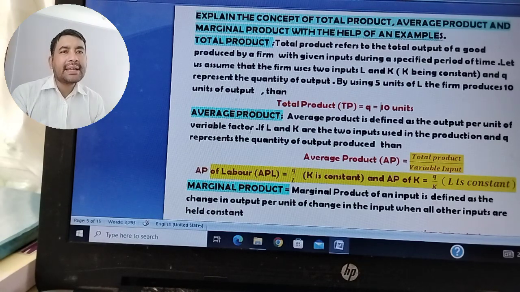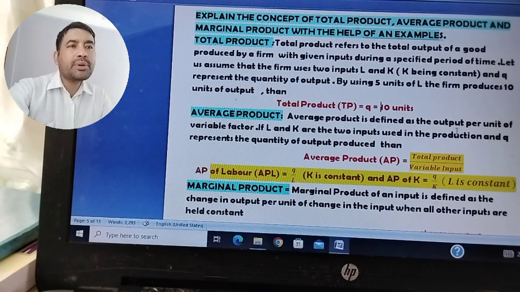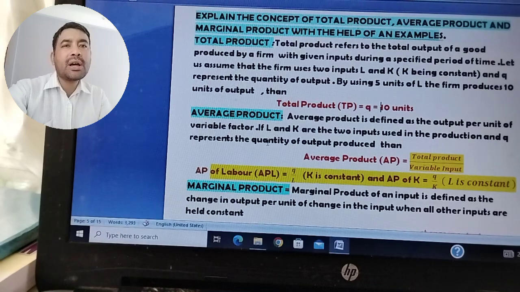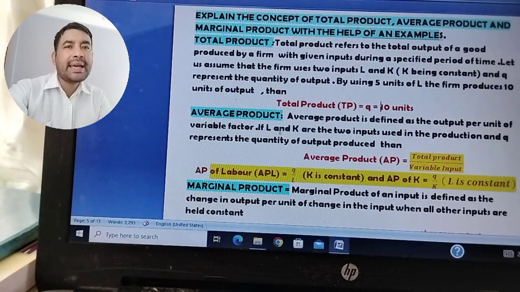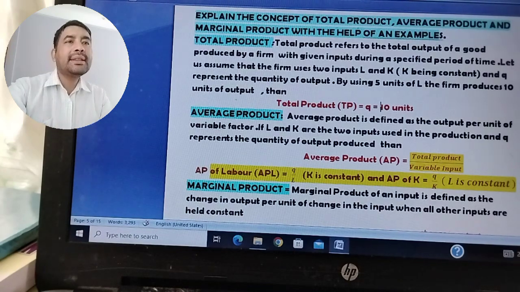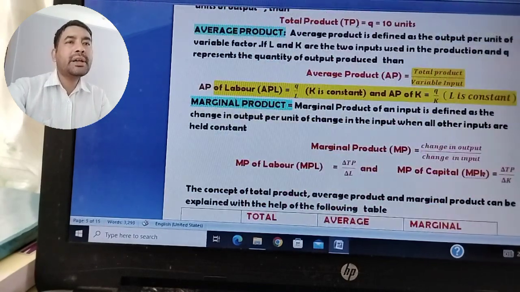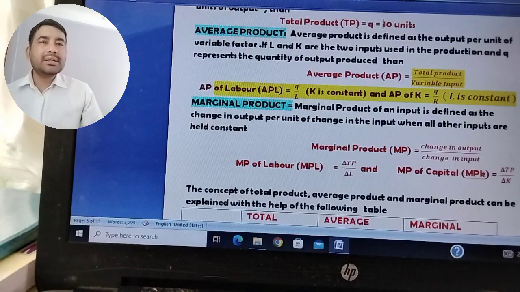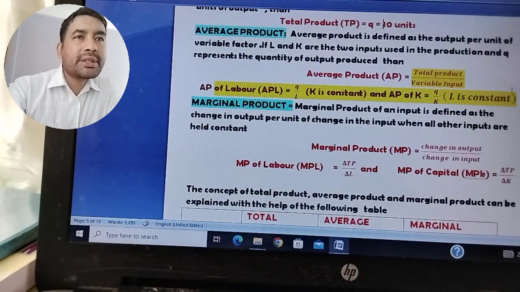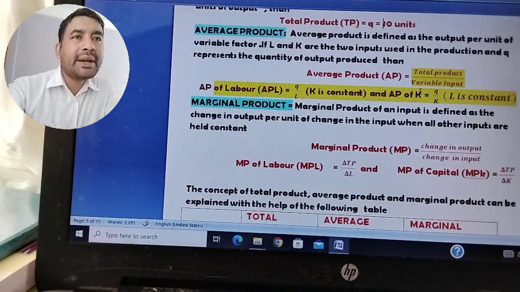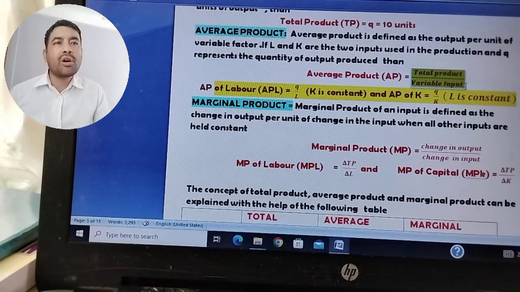If L and K are the two inputs used in production, and Q represents the quantity of output produced, and if you assume that K is constant, then the average product is simply the total product divided by the variable input, not the fixed input.